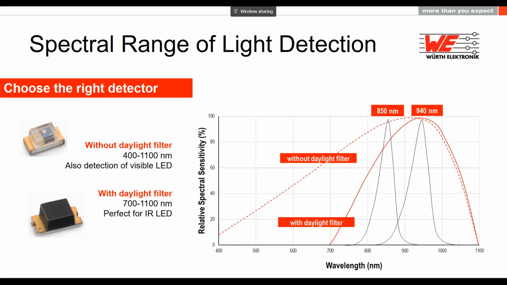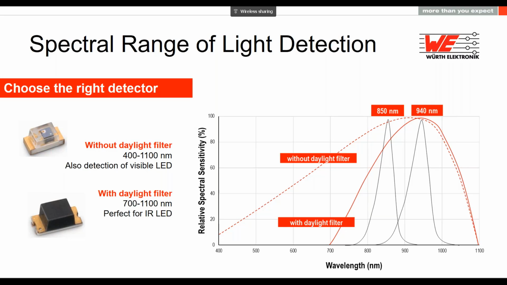Imagine a vacuum cleaner working at home, going to your stairs and coming back, or going over a sunspot in your house and not being able to do it. It's because sunlight is very bad for the detectors. Sunlight has a very high intensity, and sometimes you need to use a detector with a daylight filter.